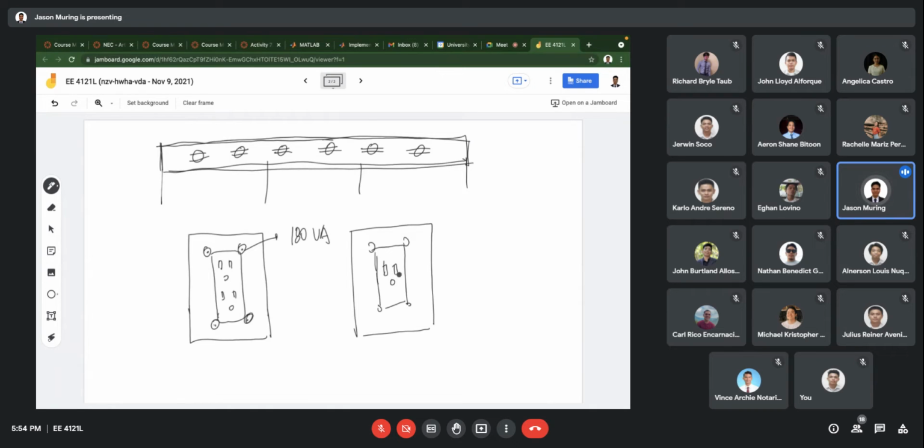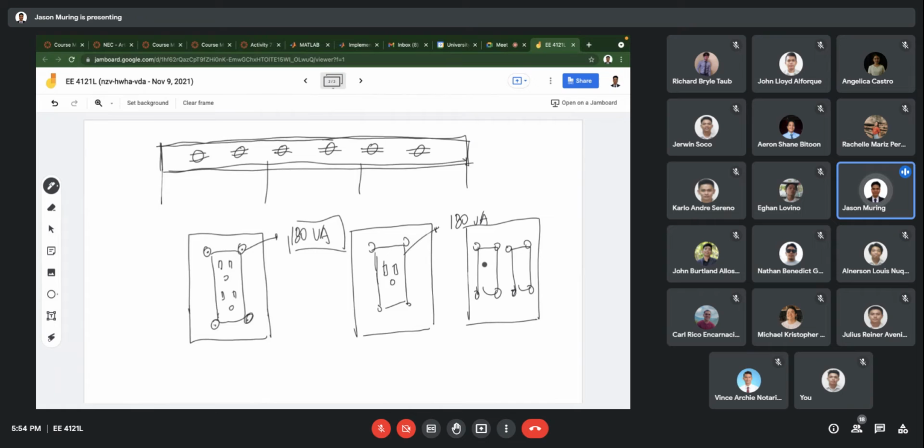See, this is just one gang now, but we still calculate based on 180 volt ampere. As long as you are looking at per yoke, we have 180 volt ampere. But there are some connections in which there are two yokes per box, like this.